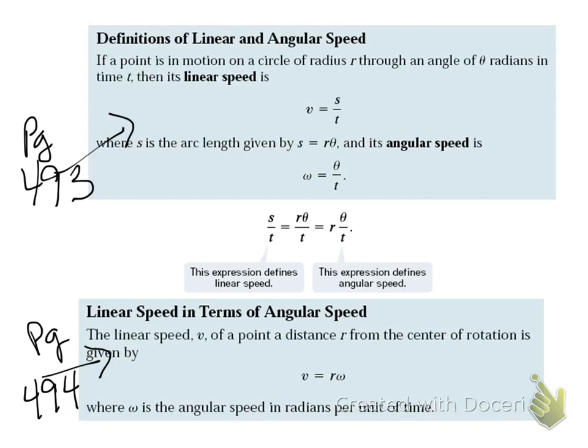What is angular speed? Let's talk about angular speed first. Angular speed tells you how long it took to get around the circle. So if you're on a Ferris wheel, riding in your little bucket, and your Ferris wheel is going so fast, how long did it take you to complete one full rotation? That's all angular speed says.